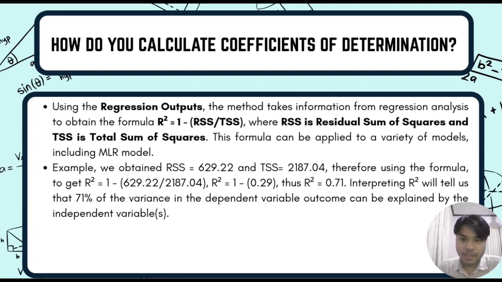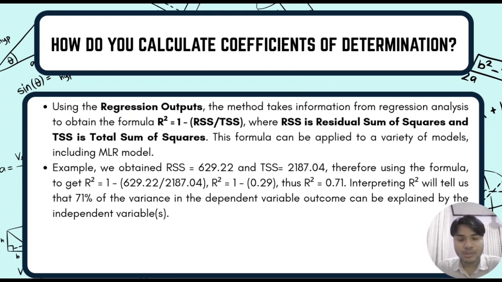And therefore, we can obtain the formula R square equals 1 minus RSS over TSS. This formula can be applied to a variety of models, including the MLR model, where there is more than one independent variable.